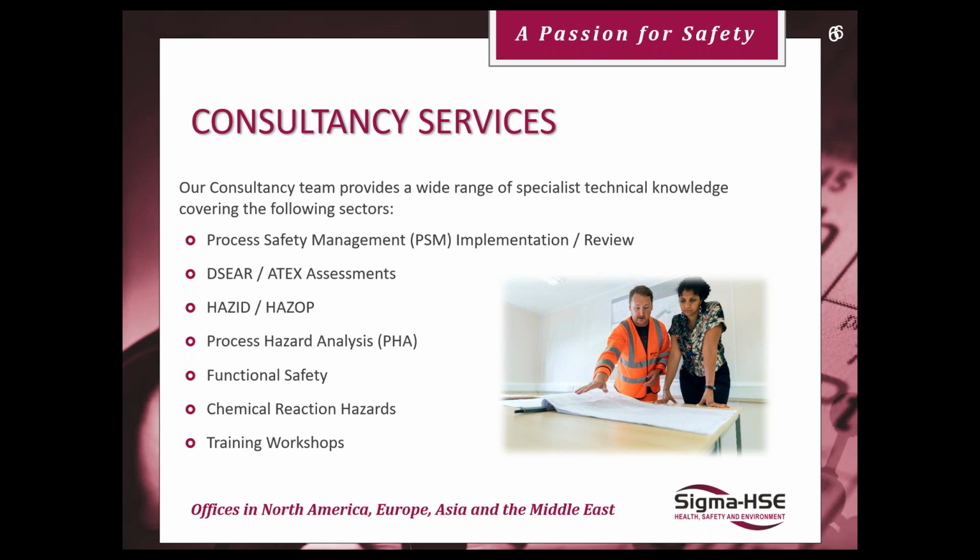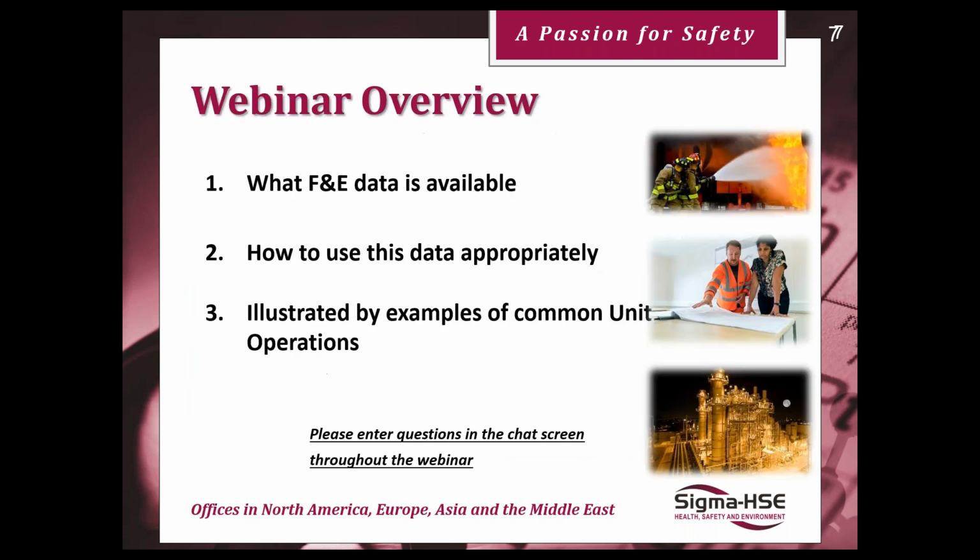But today, I'll be covering specifically fire and explosion hazard data necessary dependent upon the different types of unit operation, and I'll cover that off at the end of the session. But we will have a look at, well, just what is a fire and an explosion fundamentally, and then how we can use the data that we can determine during the tests.